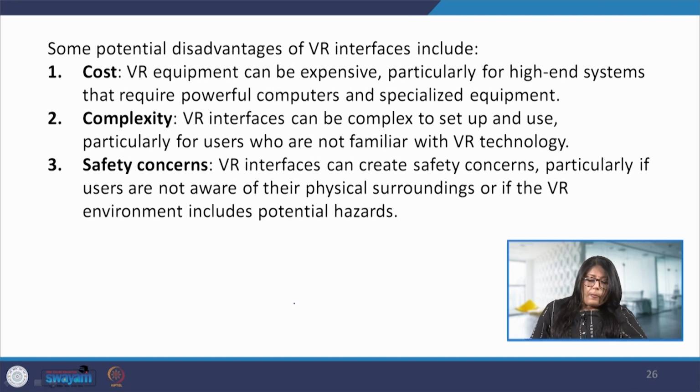They can be complex to set up and use, especially for users who are not familiar with VR technology. And safety concerns, because like we saw, it is a highly immersive interface. So, the user may not be aware of what is going on around them in the real situation, which could lead to a potentially hazardous situation. That is something one needs to take care of.